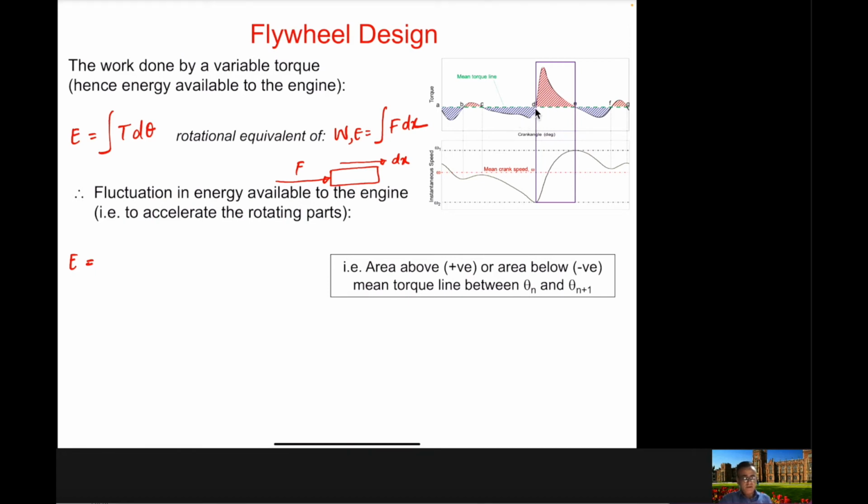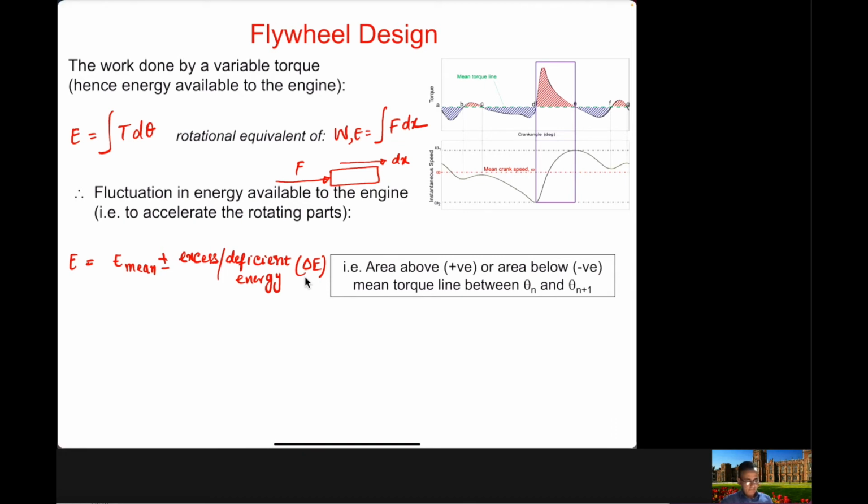For example, if you want to calculate the energy at point D, it will be the mean energy, and then you will write that plus or minus the excess or deficient energy, and you can also call it delta E. So delta E is this energy fluctuation, where the area above is positive and the area below is negative, that is above the mean torque line between theta n and theta n plus 1.